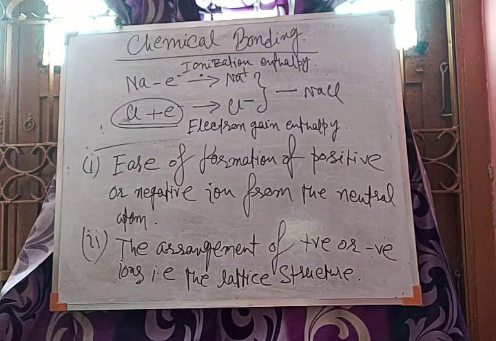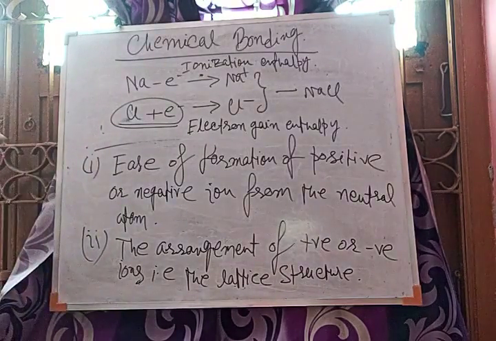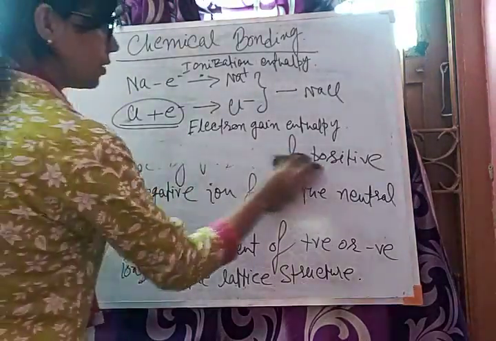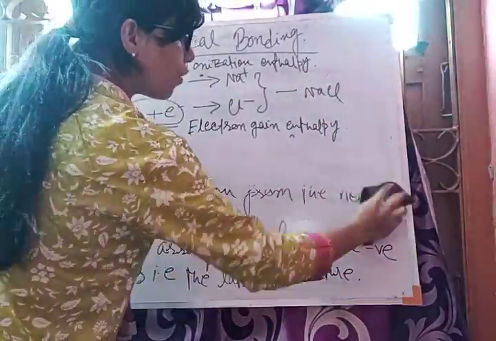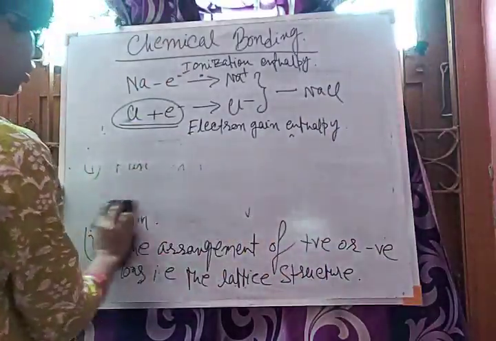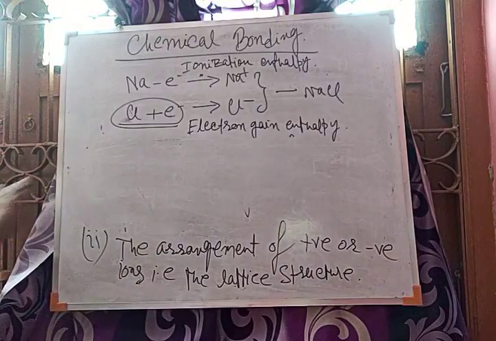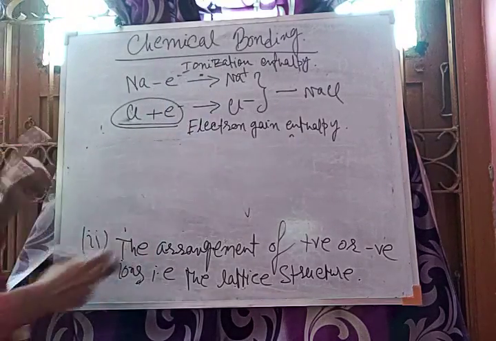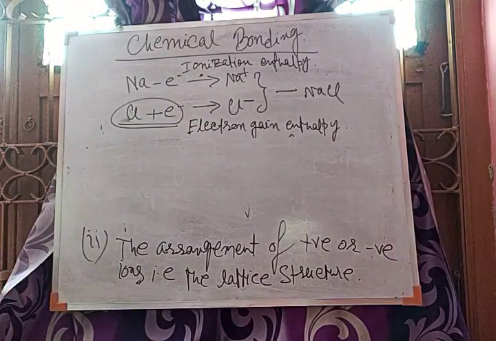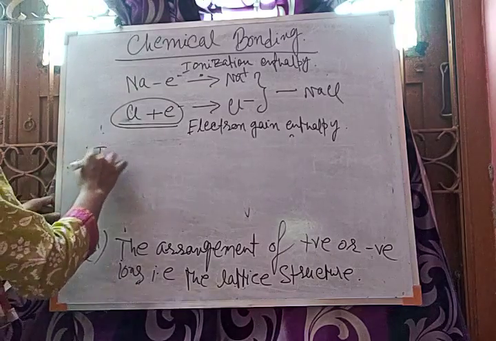So remember the two points. The first point, the ease of formation of positive and negative ion, lies in two things. The ionization enthalpy should be lower, that means we have to give a lower amount of energy.